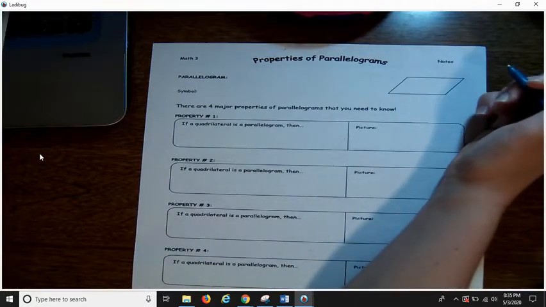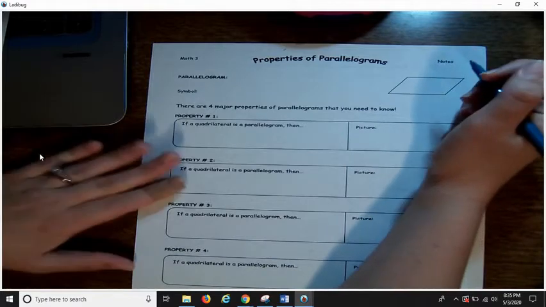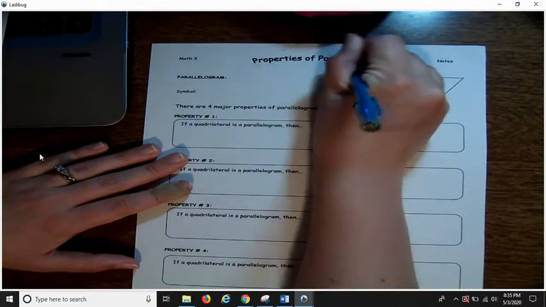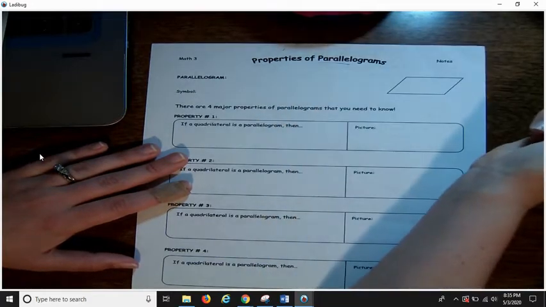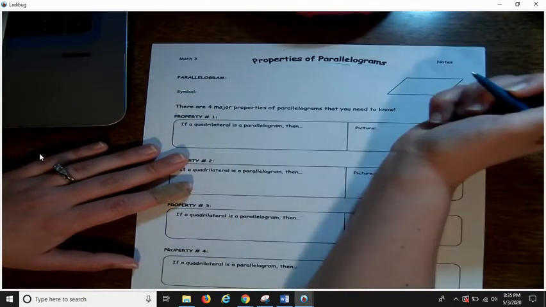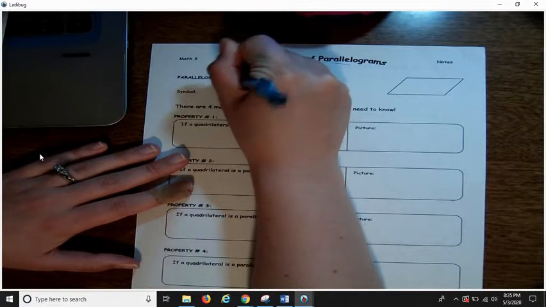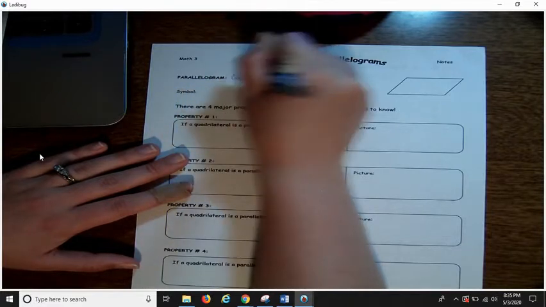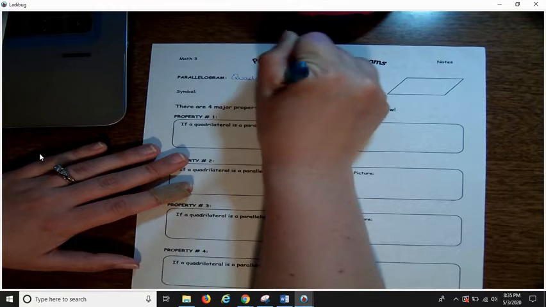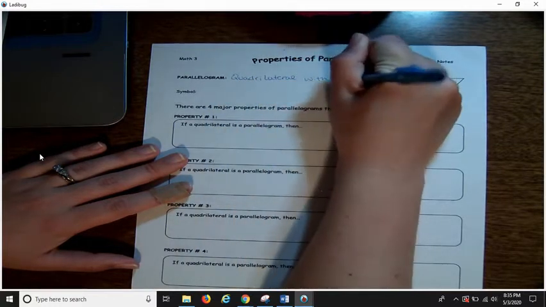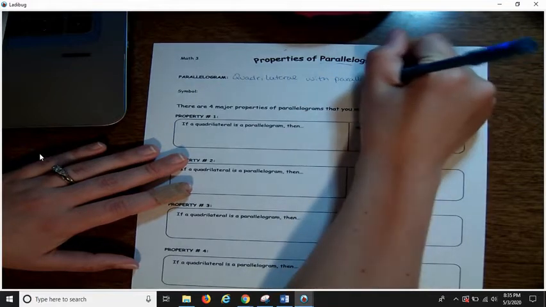Okay, so we're talking about parallelograms. A parallelogram has the word parallel in it, and so obviously it's going to have something to do with sides being parallel. So a parallelogram is going to be a quadrilateral with parallel sides.